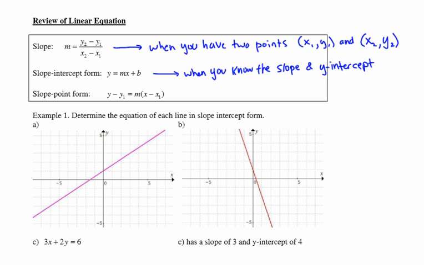We usually want to write most equations in slope-intercept form if we can. And it's really easy once you know the y-intercept. We can just plug it into that formula.